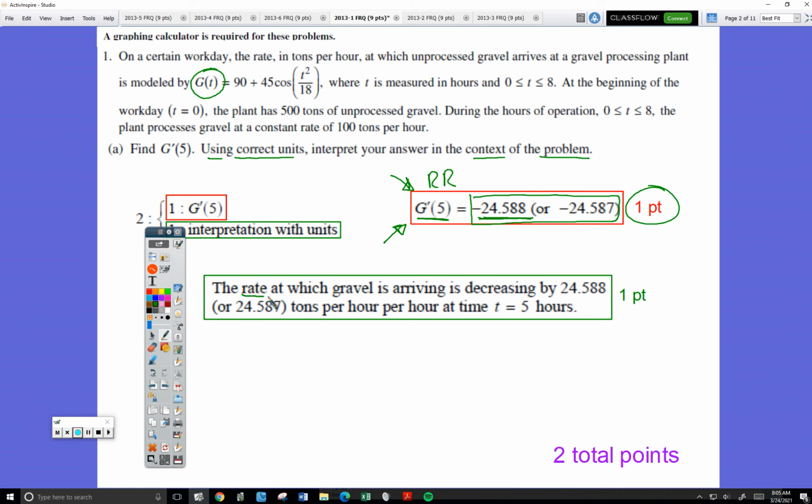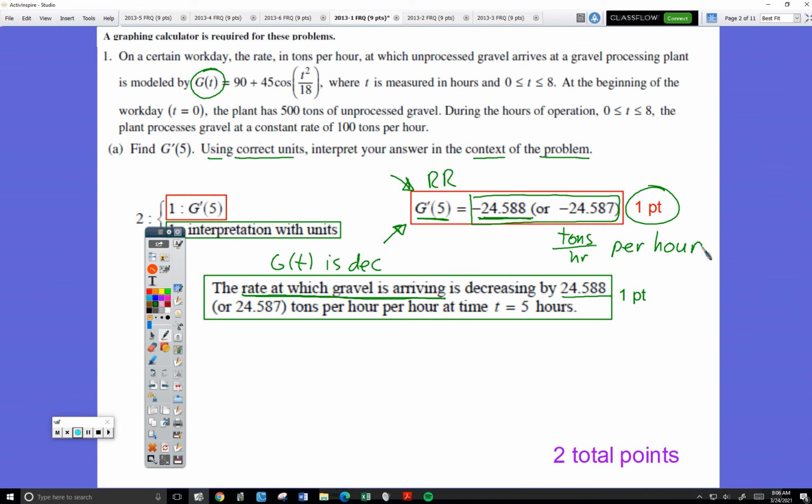So the rate at which gravel is arriving, that means G. This is like saying G of T is decreasing because G of T is the rate at which gravel is arriving. So G of T is decreasing by this many tons per hour per hour.